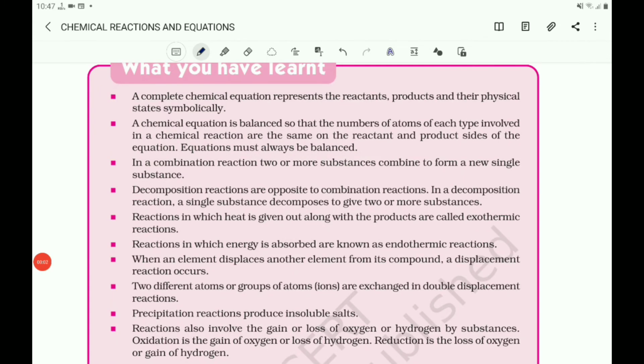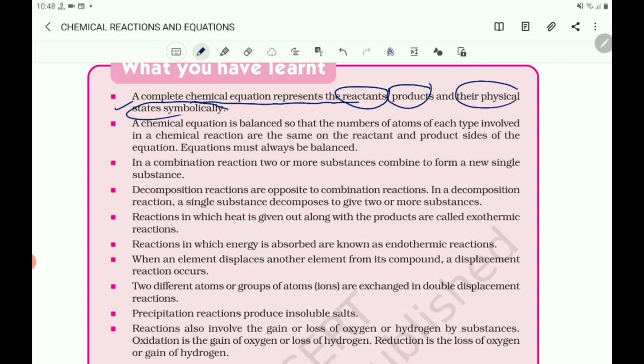Then what have you learnt in the chapter? See the points here about the chemical equation. A complete chemical equation represents the reactants, products and their physical status symbolically.